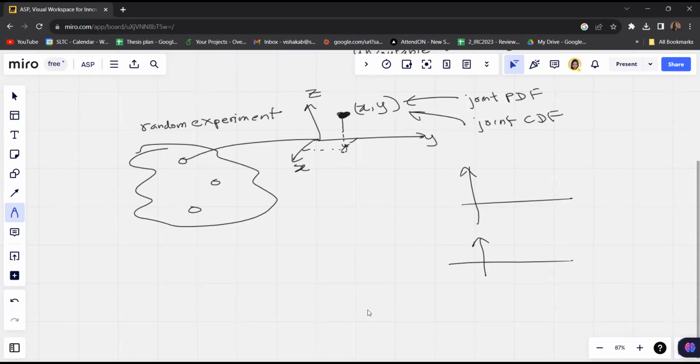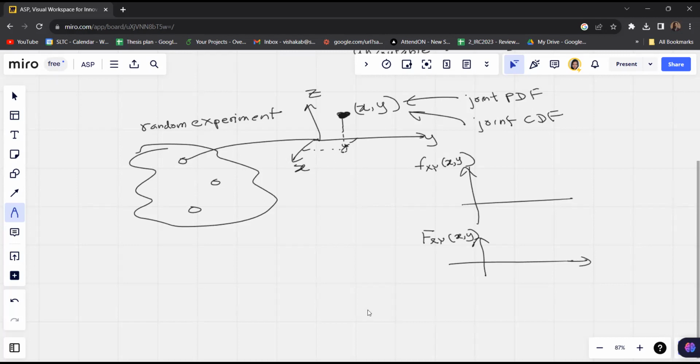The PDF function would be denoted using x and y both. So it will be f_XY, and inside brackets simple x, y. And then for the cumulative distribution, it would be capital F_XY, inside brackets simple x, y.